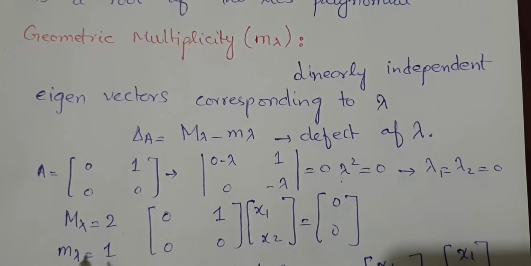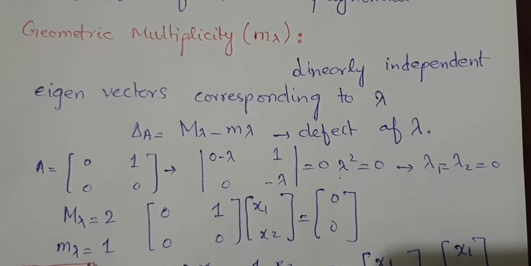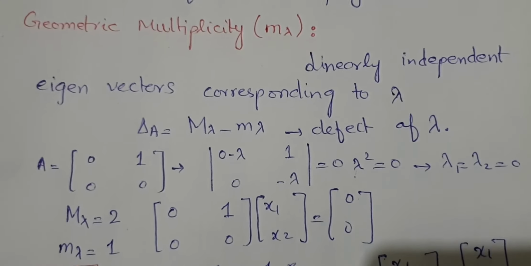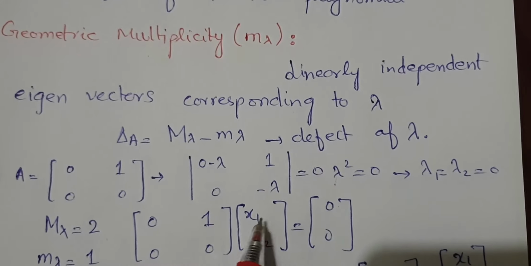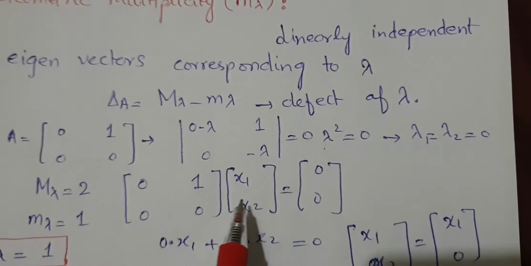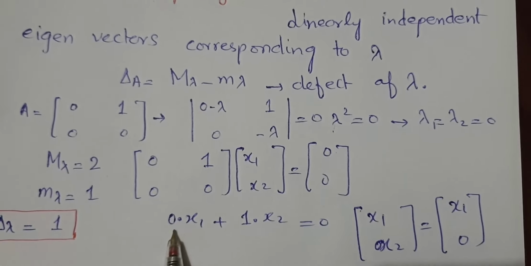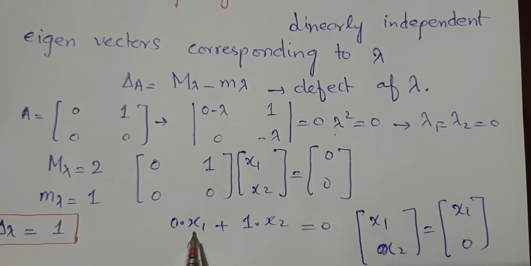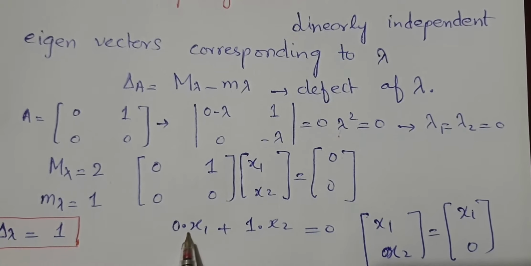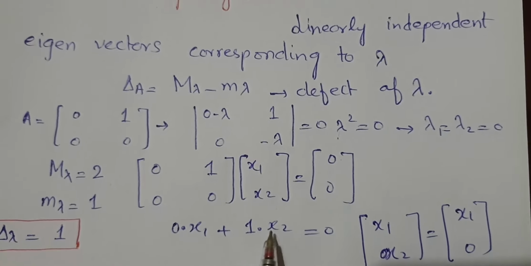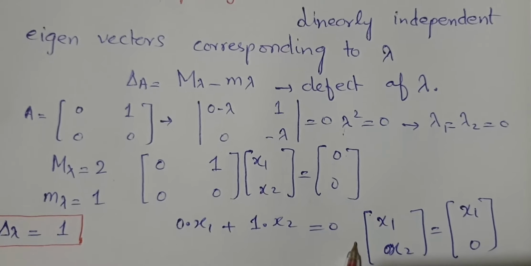Now I have to determine the eigenvectors corresponding to these eigenvalues. For lambda equal to 0, I solved for the eigenvector of this system, and when I wrote the equation for the back substitution, I wrote 0 times x1 plus 1 times x2 is equal to 0.